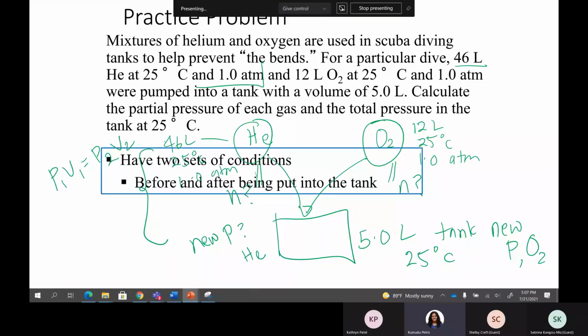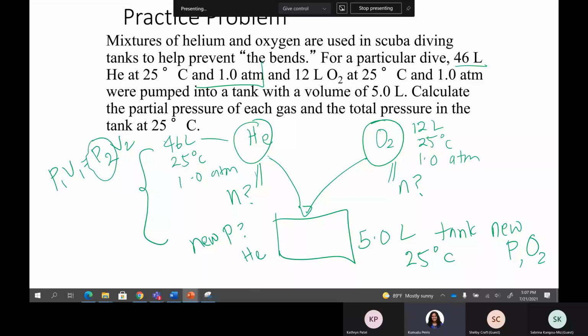So you can find the new pressure for the helium, and again you need to do that for the oxygen. Those are the partial pressures, the partial pressure of helium and the partial pressure of O2. Then you add those two pressures together to get the total pressure of the tank.